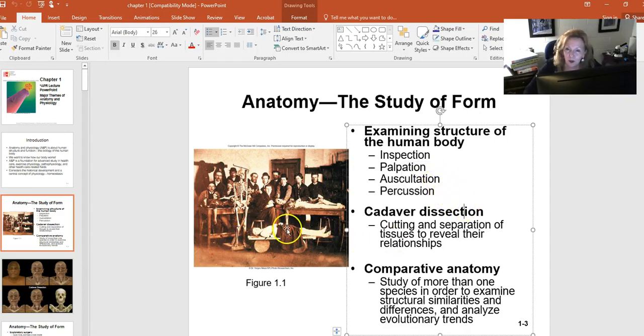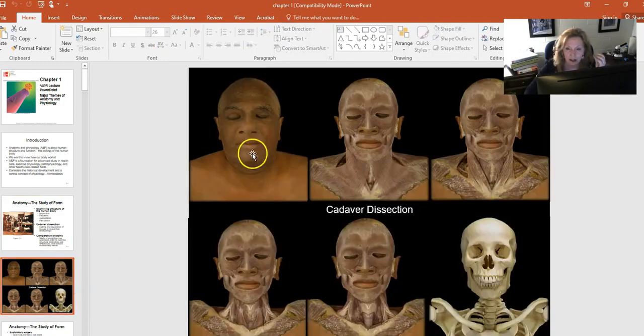One of the best ways to learn anatomy and what we can see with the naked eye, which is defined as gross anatomy, is to actually be using the human body. Gross anatomy is anything that you can see with the naked eye. So cadaver dissections, where we use a dead body to cut up and dissect and look at different body parts, human cadavers are the best way we can learn human anatomy.